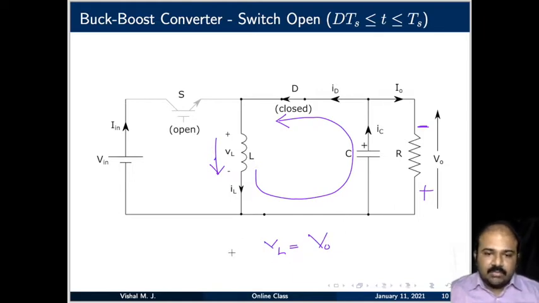So, when the switch is closed, the voltage across the inductor is positive and equal to input voltage, and when switch is open, the voltage across the inductor must be negative, and it is negative. Though it is equal to V0, this V0 inherently is a negative quantity. So, inductor voltage balance will be valid and it will not be violated.